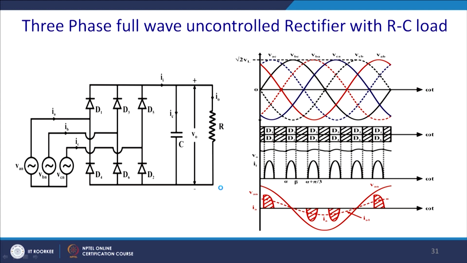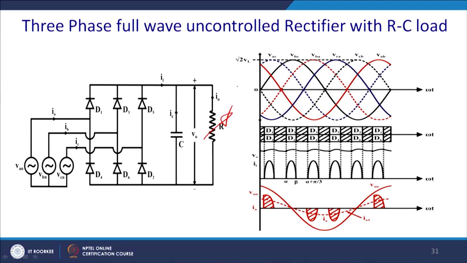Now let us see what happens if this 3 phase full wave uncontrolled rectifier is feeding an RC load. That is quite common, as most applications nowadays are adjustable speed drives. In an adjustable speed drive, you can have a variable kind of load, and we feed an inverter to run the drives in a different manner.